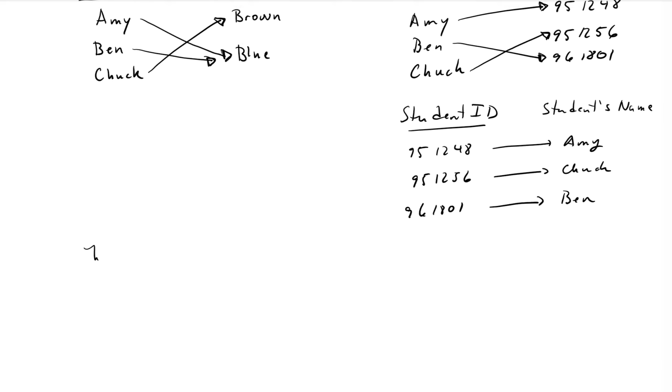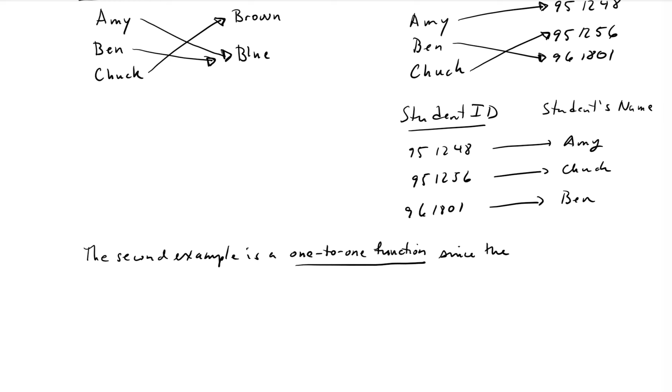So the second example is a one-to-one function, since the student's name is also a function of the student ID.